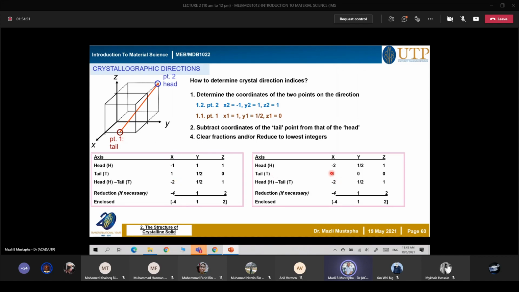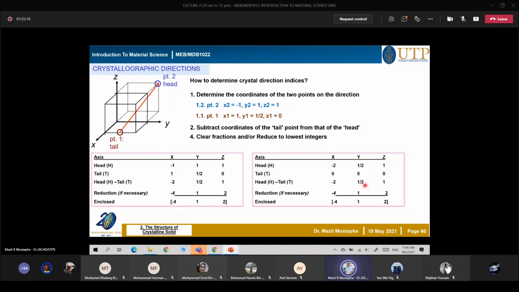Okay, and then your tail becomes your point of origin, 0 0 0. As I mentioned earlier, we have to do head minus tail. Minus 2 minus 0 is minus 2. Half minus 0 is half. 1 minus 0 is 1.